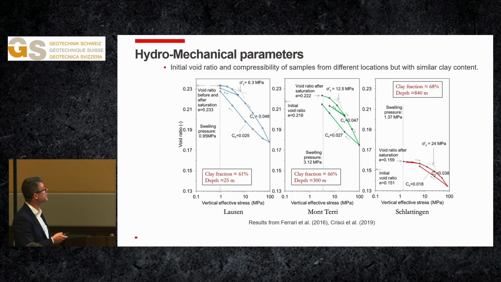And so we are now able to read the compression behavior of these materials coming from different sites, taking into account the specificities of the site. And we understood that one of the key elements that can be used to group together tests done from different sites is the clay fraction.